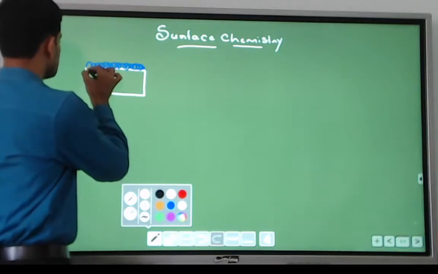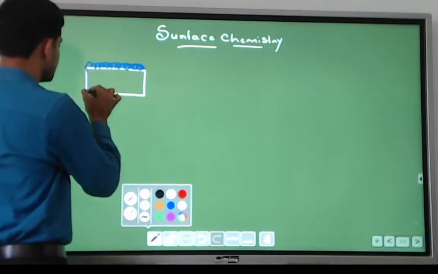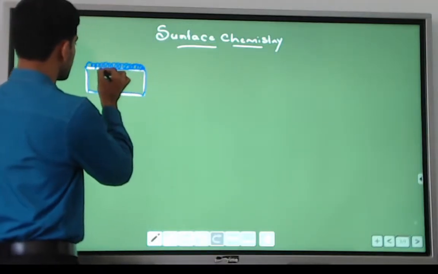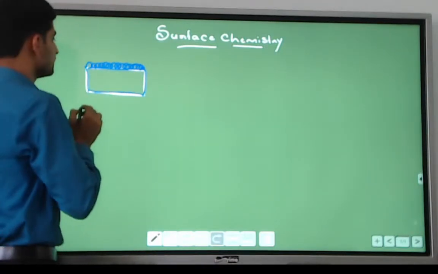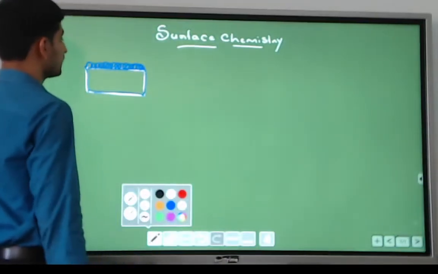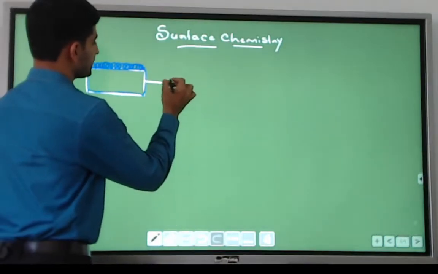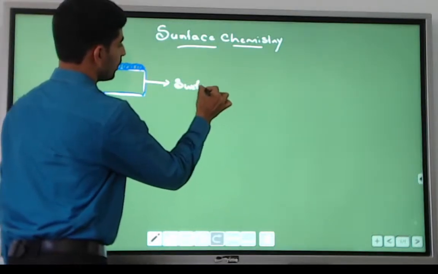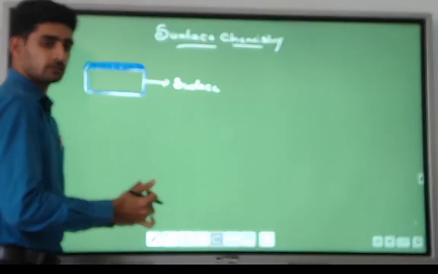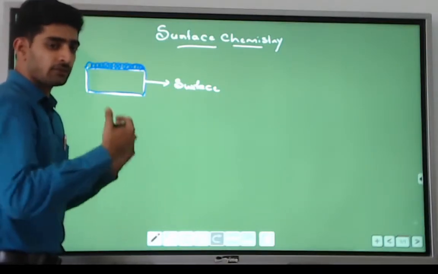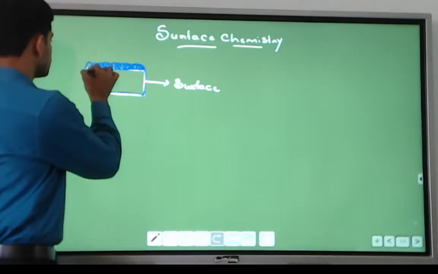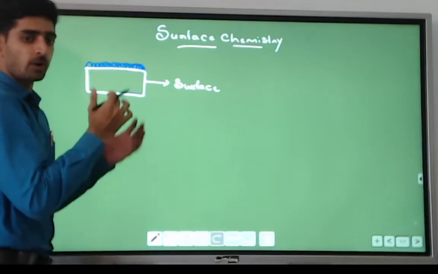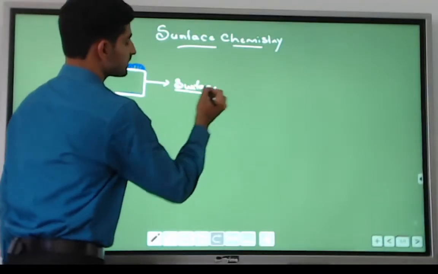Whatever outer part you are observing right here, this outer part is what we are going to call the surface. Anything that you can see and that is covering the body from outside is called the surface.